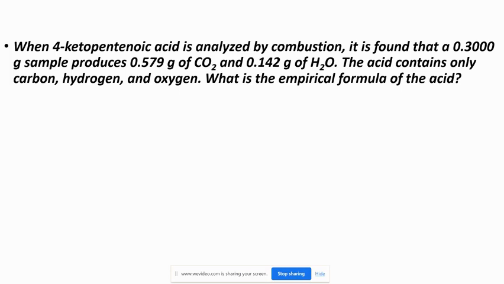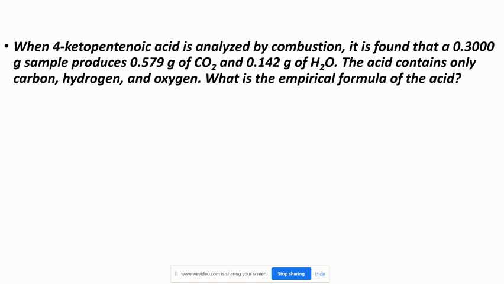So make sure you open up your garage door before you start your car, because this is what happens. These combustion reactions are what happens in your combustion engine.